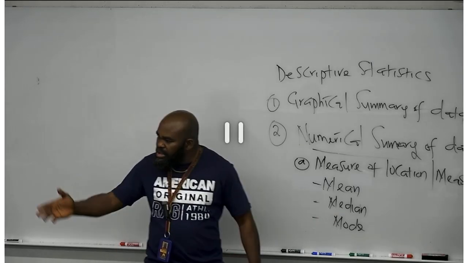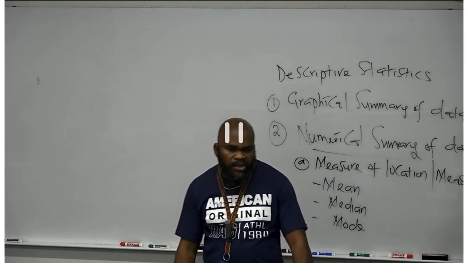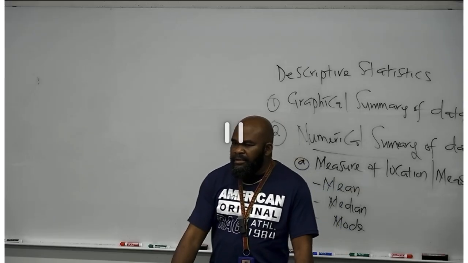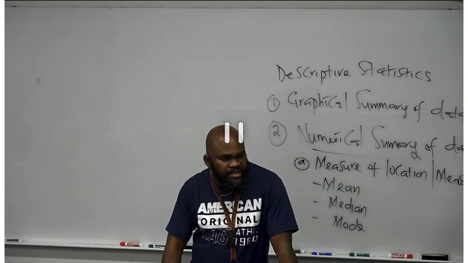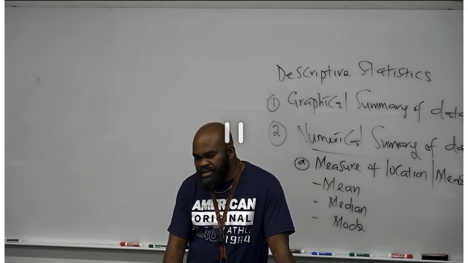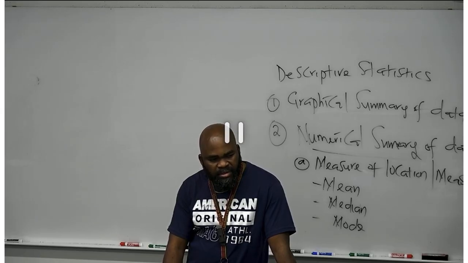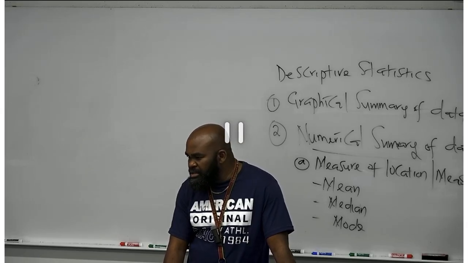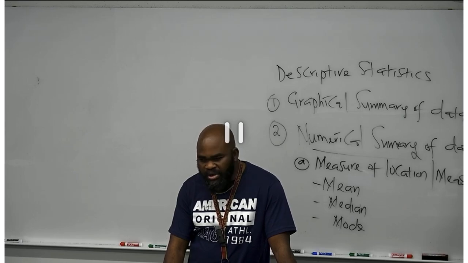So when you take a look at what I'm projecting now, if the mean is not appropriate, maybe because of the probability distribution of the data, then we're going to make use of the median. And how do we figure out the median?